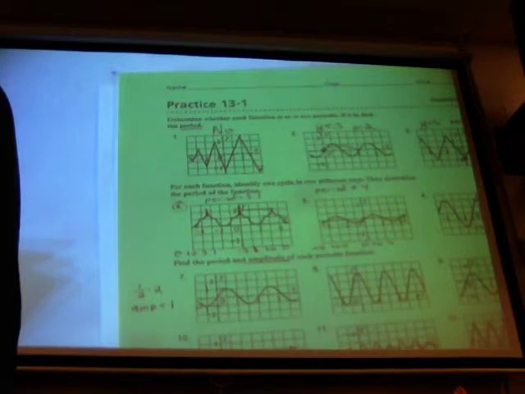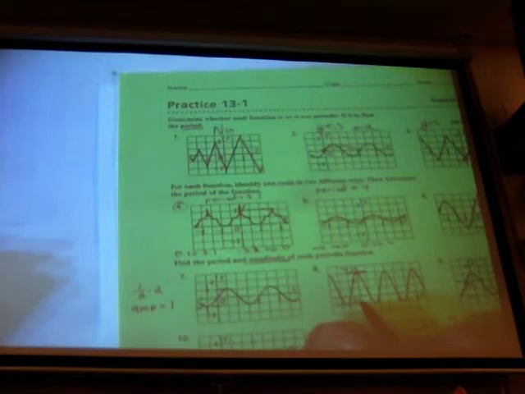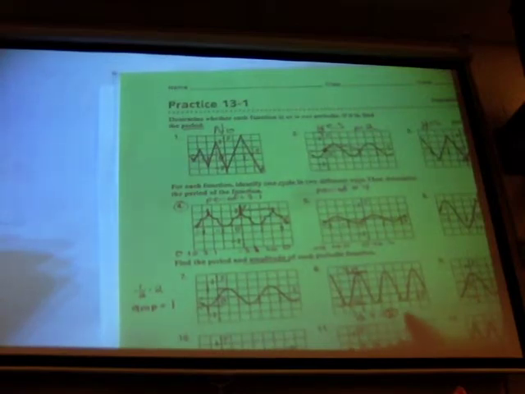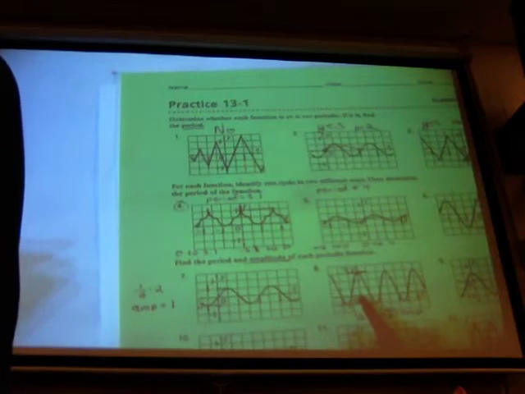Any ideas? What's the maximum? 3. The minimum is? Negative 1. What's the distance there? 4. So half the distance of 4 is 2. That is the amplitude. What's the period? When does it start repeating?